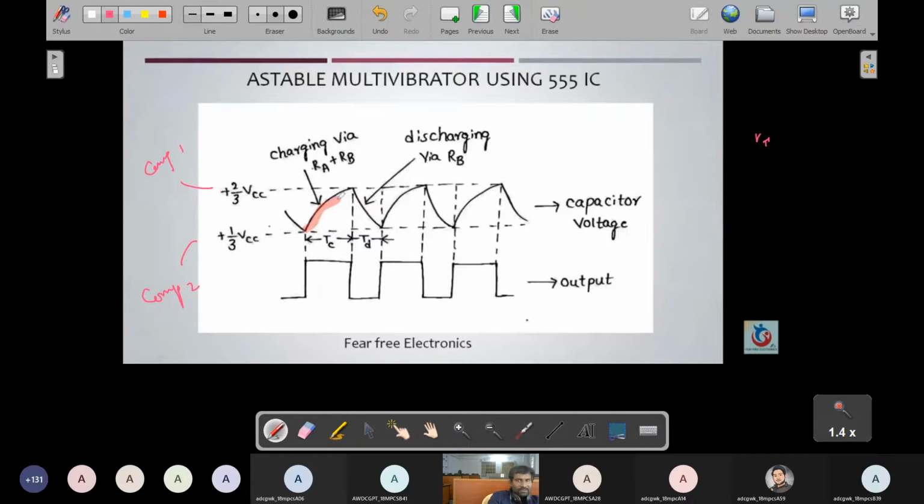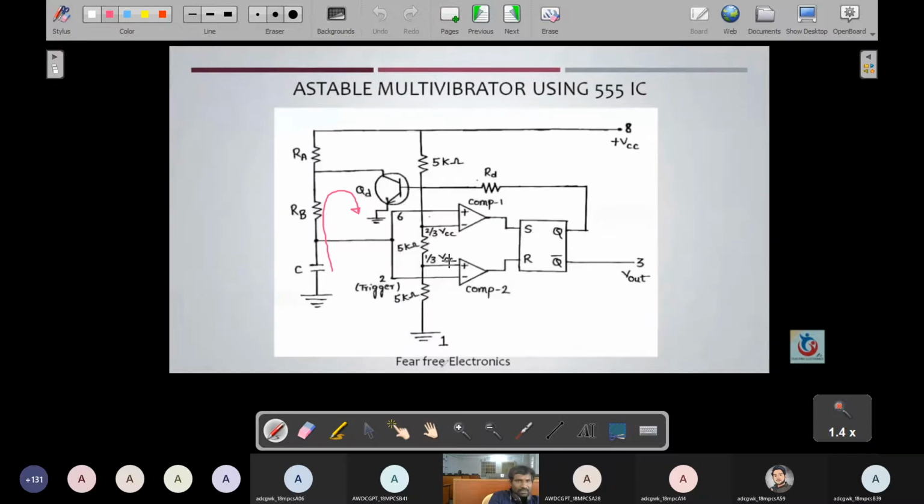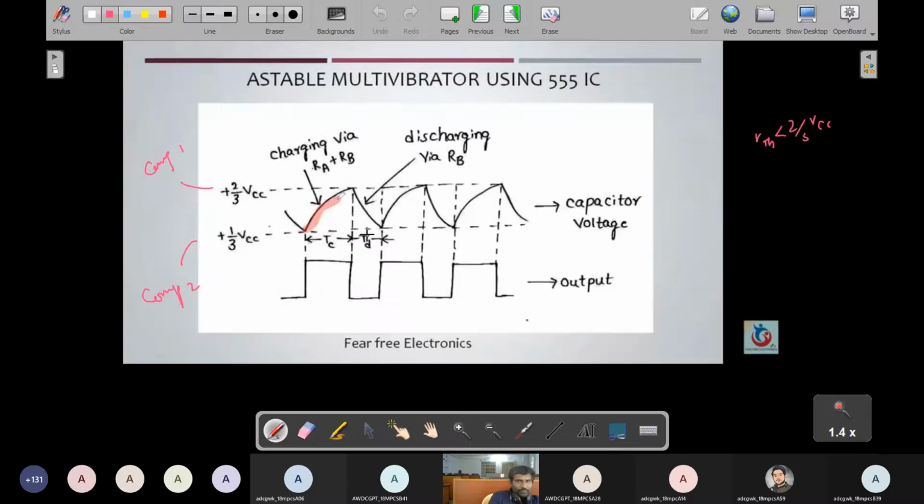If VTH is greater than 2/3 VCC, then the comparator output is high. Whenever the threshold voltage is greater than 2/3 VCC, comparator 1 always selects a high value.